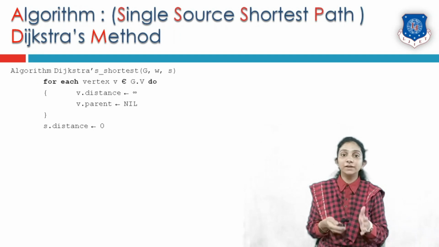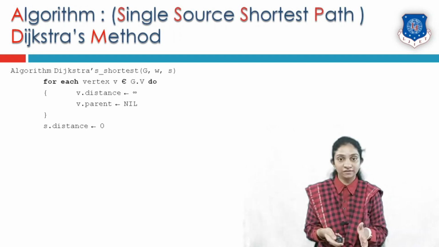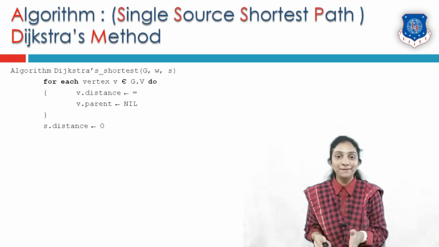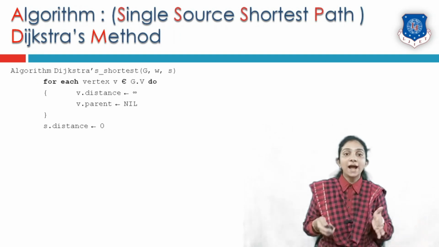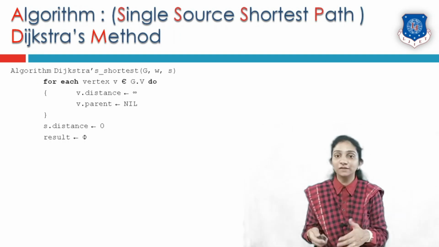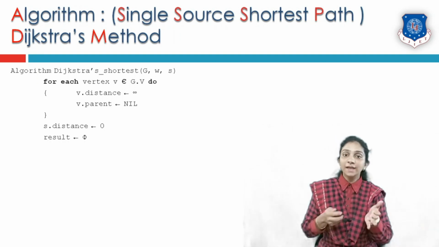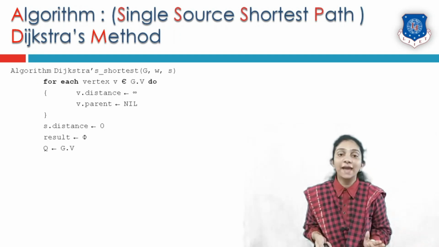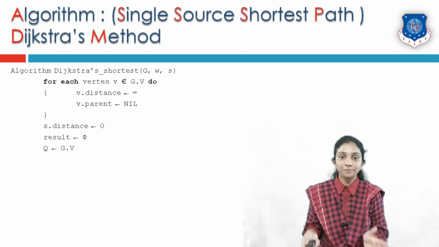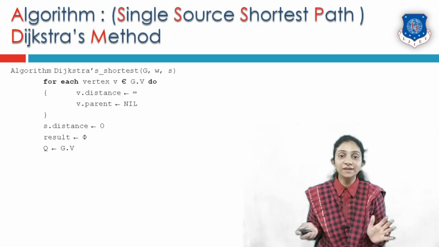Then we will start with root or source vertex. Source distance will be initially 0 and parent of source is already nil. Now my result set contains empty vertices, or as in empty set.